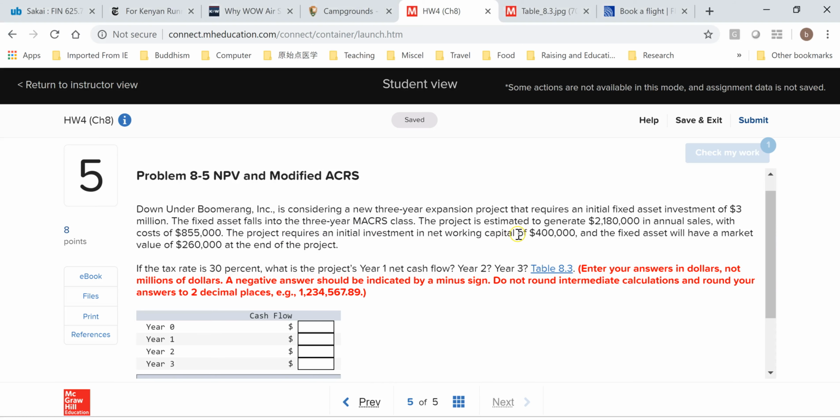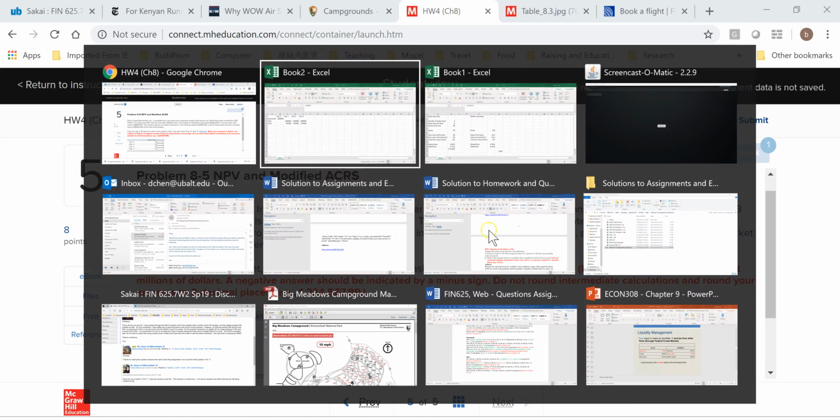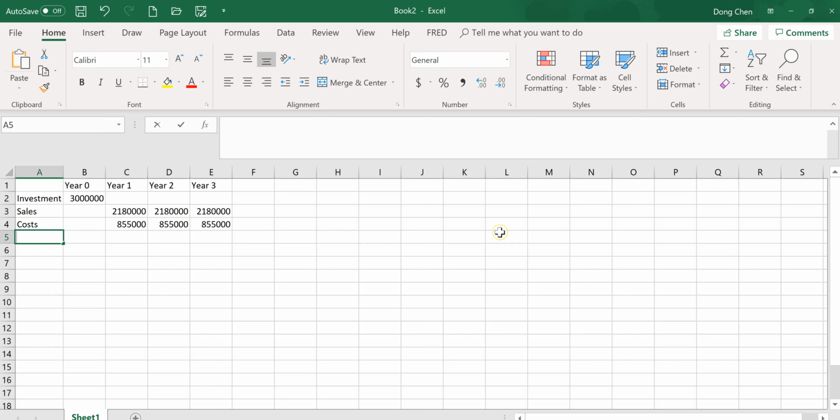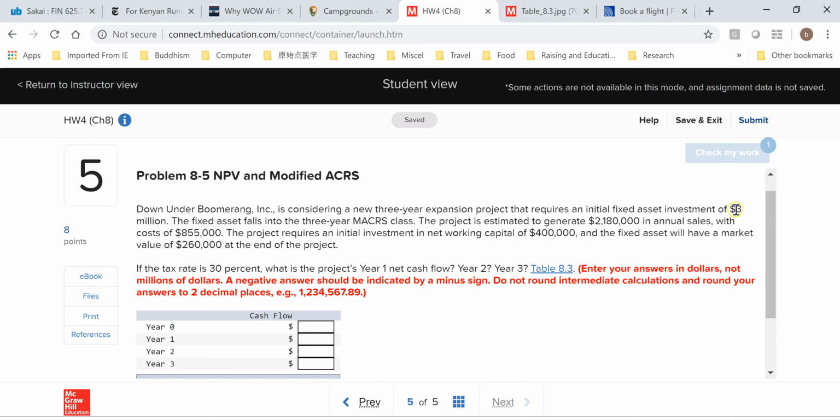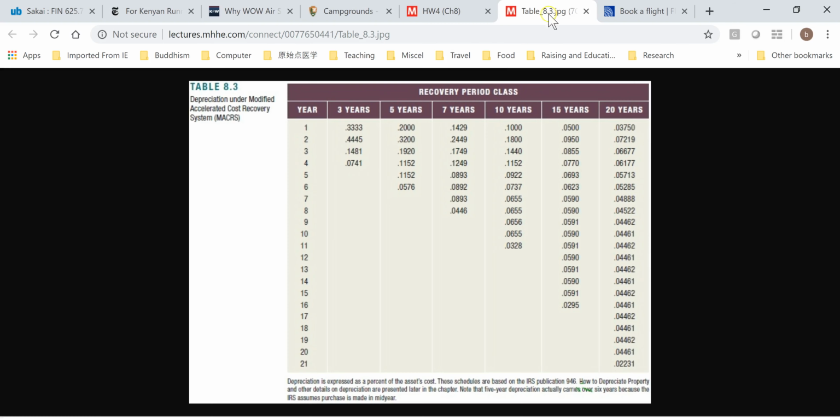And then we need to pay attention to the depreciation, because that will give us the earnings before interest and taxes, EBIT. Depreciation is determined by the initial investment, but every year's depreciation is determined by the MACRS schedule. You can check based on this table, the 3-year MACRS schedule.